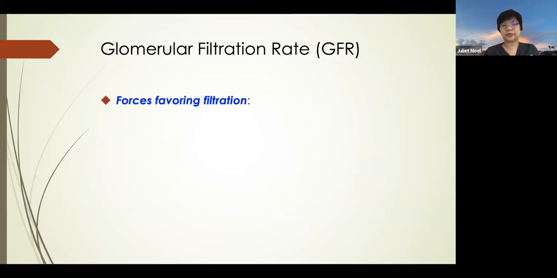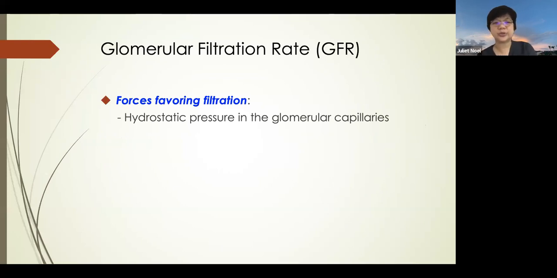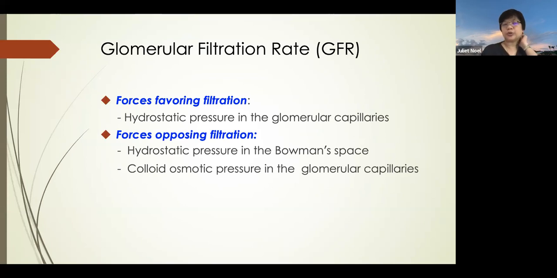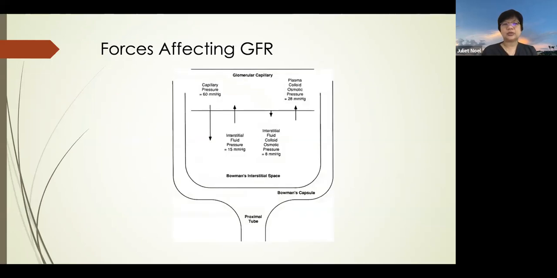So what favors filtration would be the hydrostatic pressure in the glomerulus, which indirectly is our blood pressure. The forces that oppose filtration will be the hydrostatic pressure of the Bowman space and the colloid osmotic pressure in the glomerular capillaries. So in a schematic diagram, what you can see, the principal force that allows filtration to happen is the capillary pressure, which is our blood pressure.